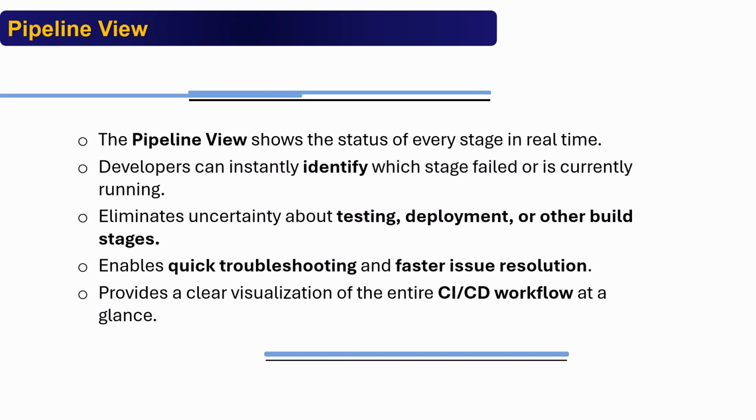So the pipeline view answers these questions immediately. You can observe exactly where the execution currently is. If one stage fails, you will immediately know which part of the process requires attention. So visualization is one of Jenkins' strongest features because it allows teams to monitor complex automation workflows at a glance. Now let's execute our pipeline.